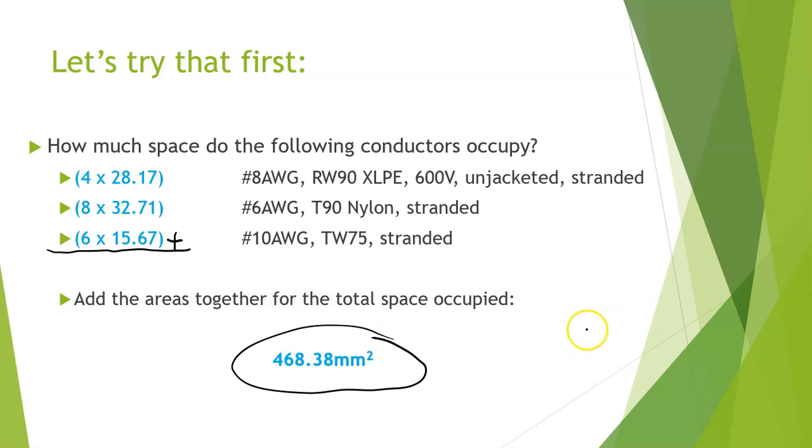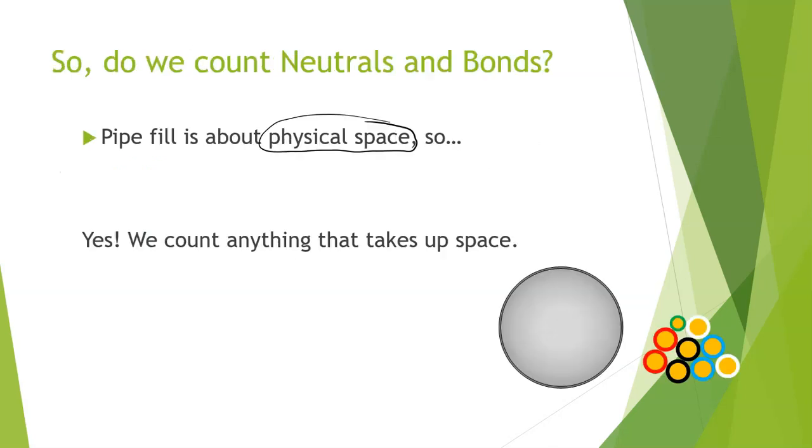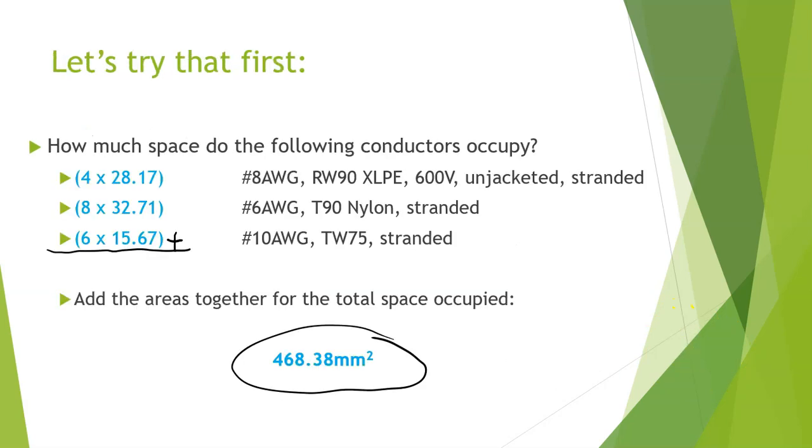In other words, if you were to look back at this notion that we have to fit a given bundle of wire into 40% of whatever raceway we choose, 40% of the cross-sectional area of that raceway, what we've now determined is that our bundle of wire is this 468.38 millimeters squared, and now we need to match that to a raceway that is sufficiently large.